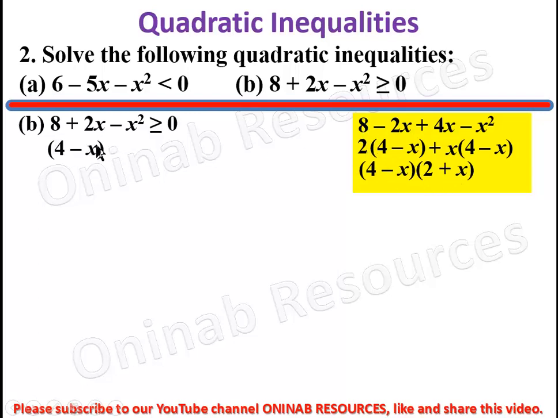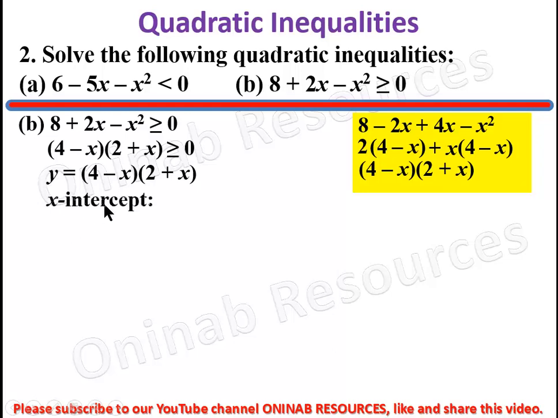We bring it here: 4 minus x times 2 plus x greater than or equal to 0. Since we are going to use a graphical method, we say y equals 4 minus x into 2 plus x. So we get the x-intercepts. For the x-intercept, y is equal to 0.